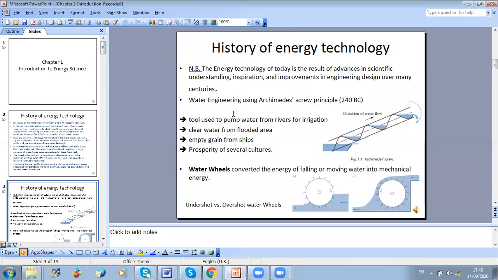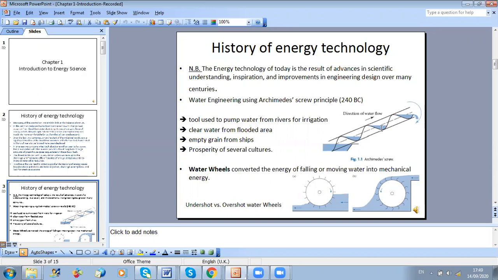Now we will go to the basic forms of energy transformation from one form to the other, okay? One of the main engineering techniques for transformation of energy is water engineering using the Archimedes screw principle. What is the Archimedes screw principle? It's very simple, okay?